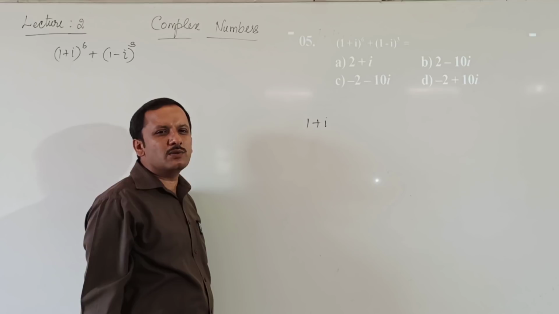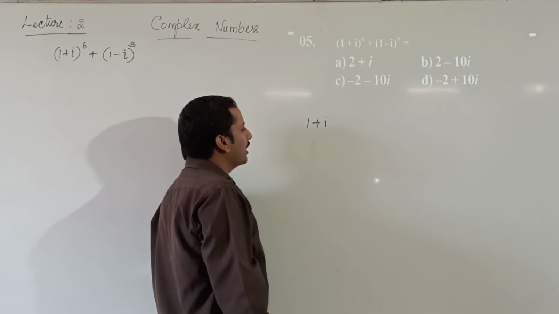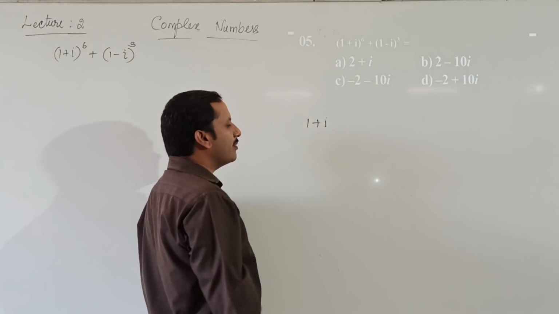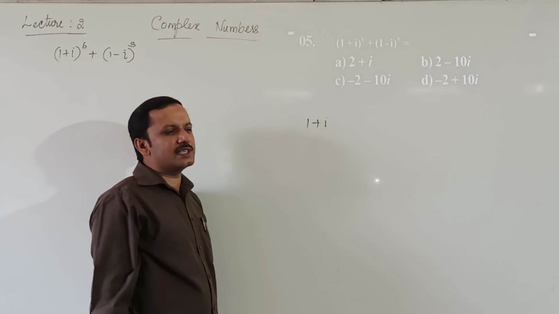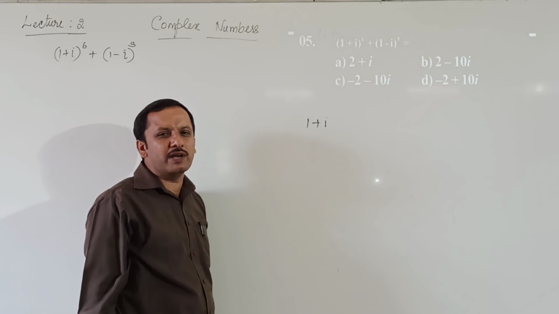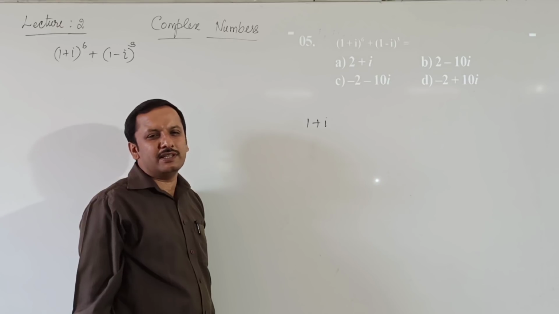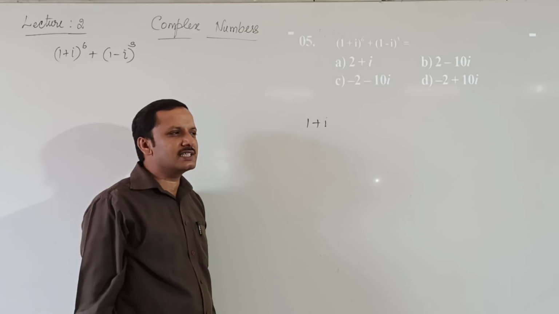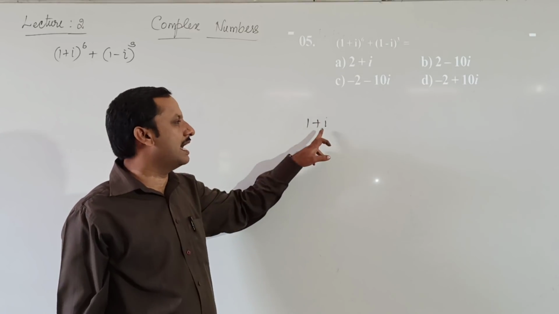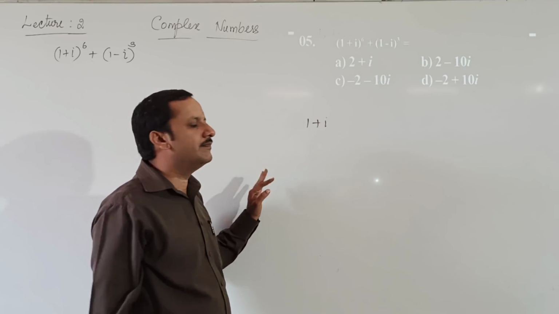Here we get root of 1 square plus 1 square, which is root 2. Okay, modulus is root 2. Then what about theta? 1 plus i is represented by the point (1, 1), which lies in the first quadrant. So when that complex number lies in the first quadrant, theta is equal to alpha. Alpha is tan inverse of modulus of y by x. So tan inverse of modulus of 1 by 1, that is 1.